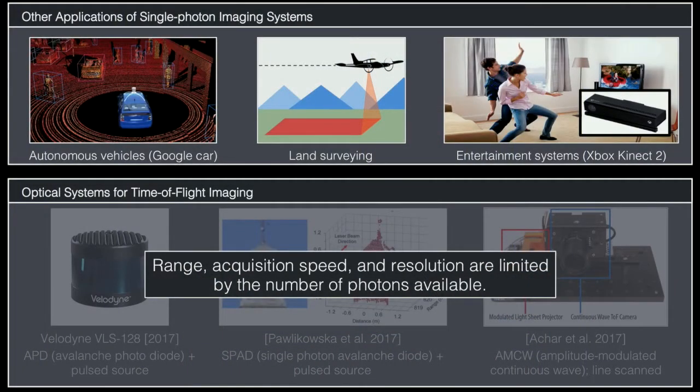So it's really impressive how much progress we've been making in this community. And we have other types of 3D imaging systems as well. But the range, acquisition speed, and resolutions are fundamentally limited by the number of photons that you can emit into the scene and then detect, of course, by the detector. So if there are no photons, you can't do anything.